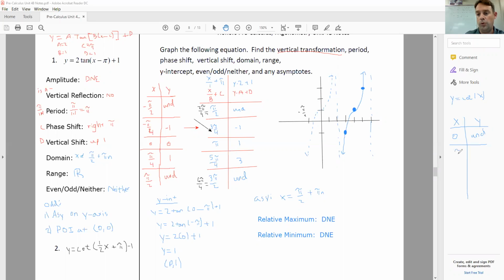Pi over 4 was 1. Pi over 2 would be 0. 3 pi over 4 is negative 1. And pi is undefined. All right, friends, pause the video and see if you can do that cotangent one at the bottom.